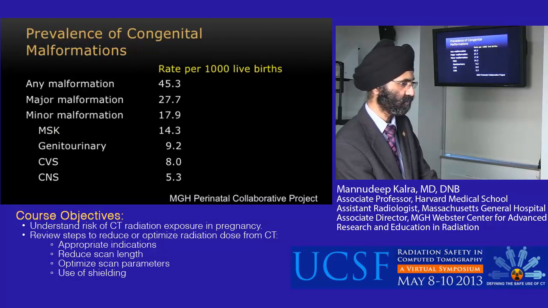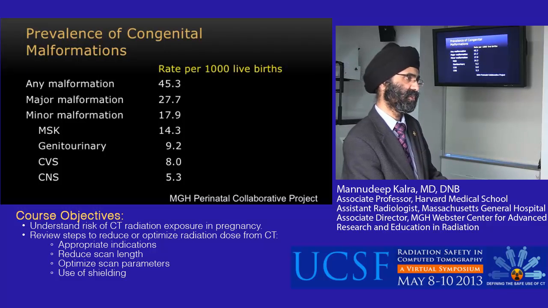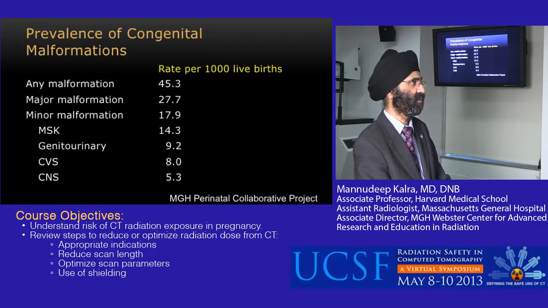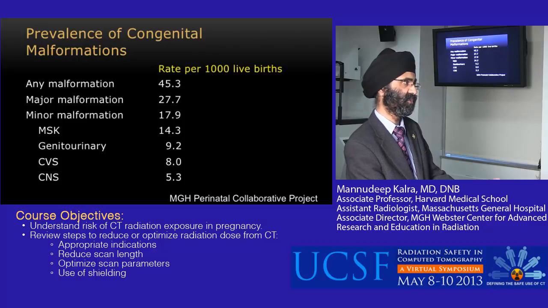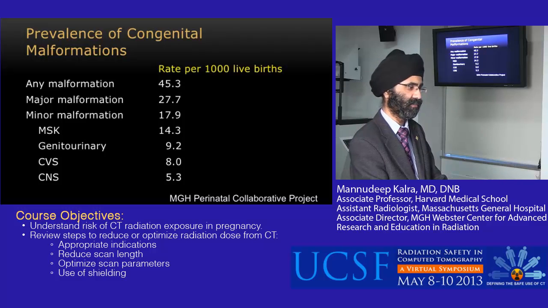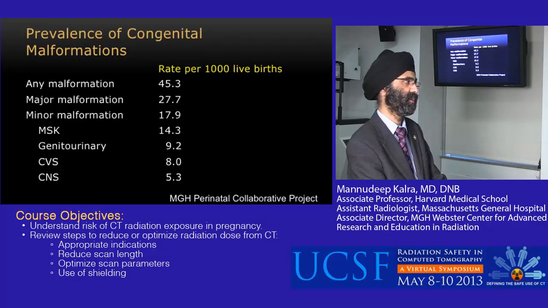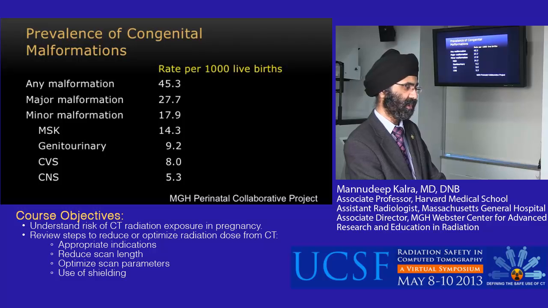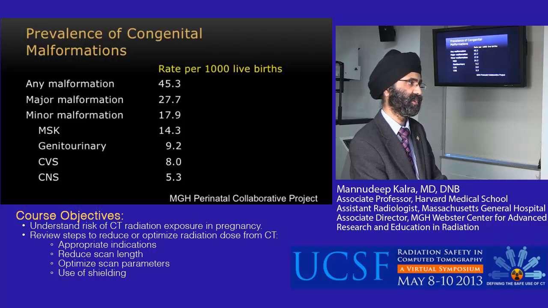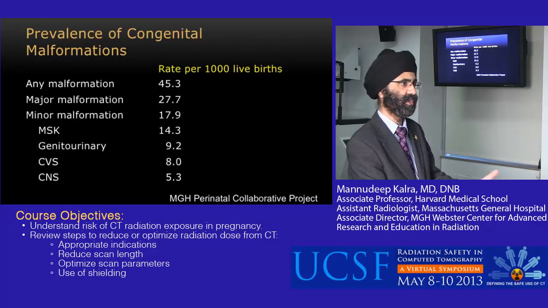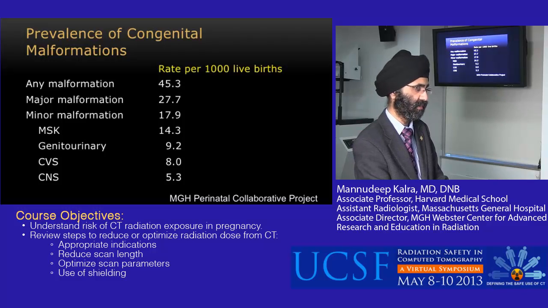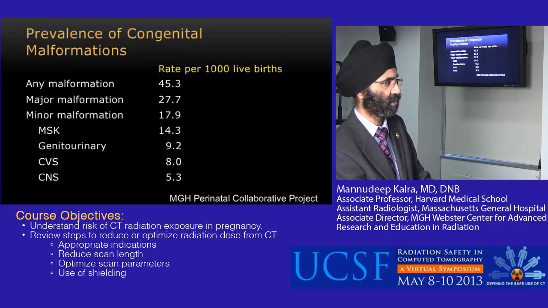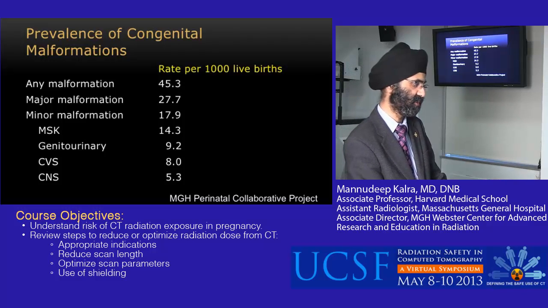So, talking about teratogenesis, even without radiation exposure, there is a prevalence of congenital malformations for the embryo or the conceptus. It's said that it's about 45 per 1,000 live births that there will be congenital malformations, of which almost 2/3 are major malformations which can involve the cardiovascular or central nervous systems.